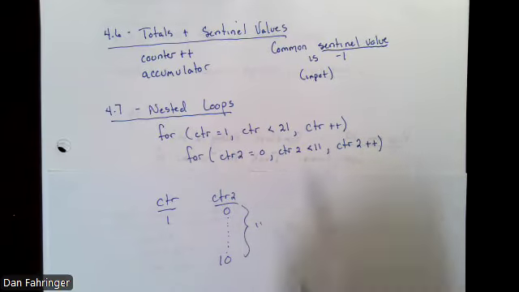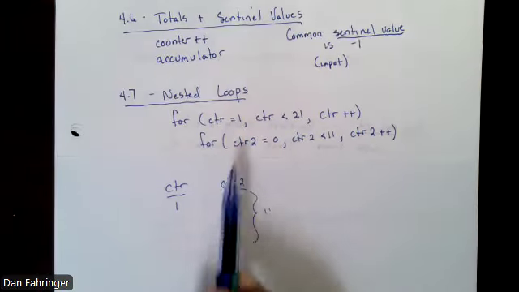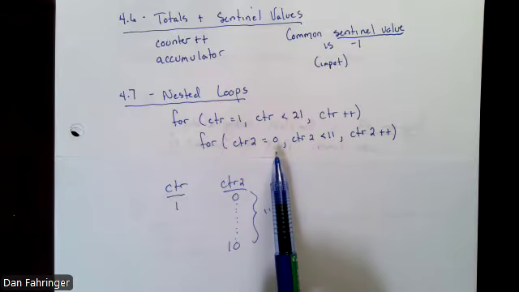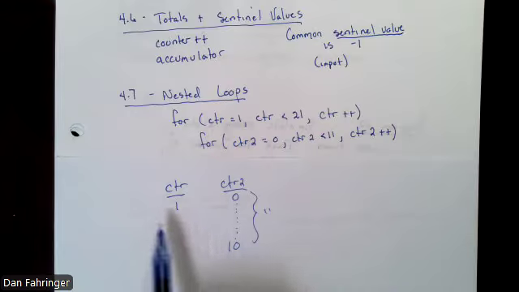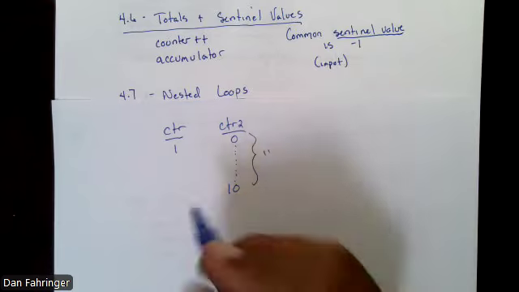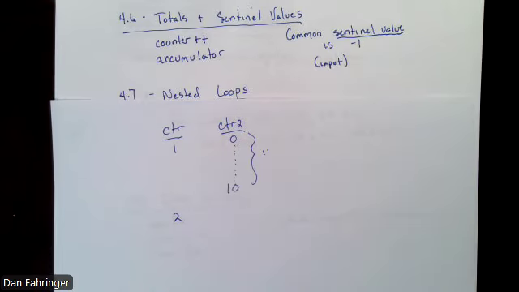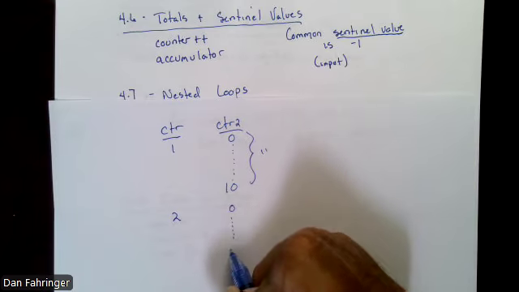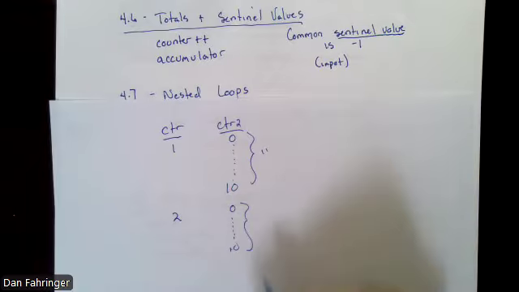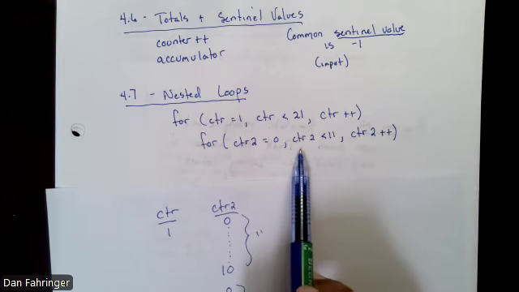So counter was 1. This guy got the values 0, 1, 2, 3, 4, 5, 6, 7, 8, 9, 10. Then it came out and went back up. This time counter gets the value of 2, and counter 2 is going to do it again. 0, 1, 2, 3, 4, 5, 6, 7, 8, 9, 10. So this is going to be 11.